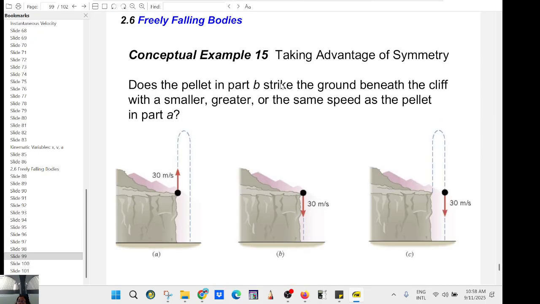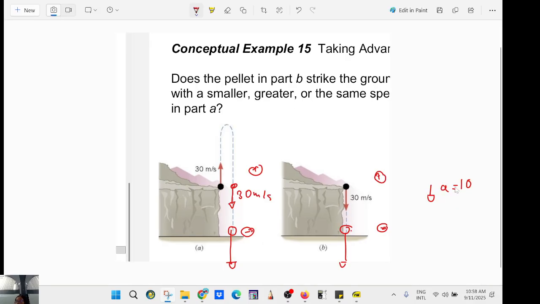Should the acceleration be negative 10 or just 10? Okay, so the notation: when you do it this way, the direction is given by the arrow head. So yes, this is a equals negative 10. But if you're using an arrow, you will say a equals 10. So I should put g, you're right.